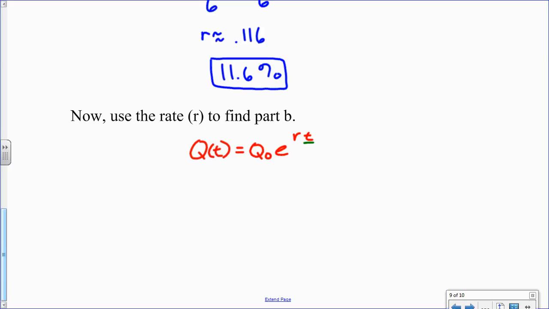So this time we're going to look for T. And I'm not using the 240 anymore. I want to know when the population will reach 2,500. And I would still use my initial amount, which was 120. And then my rate was 0.116.